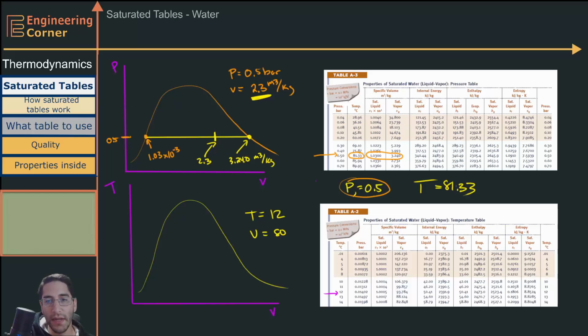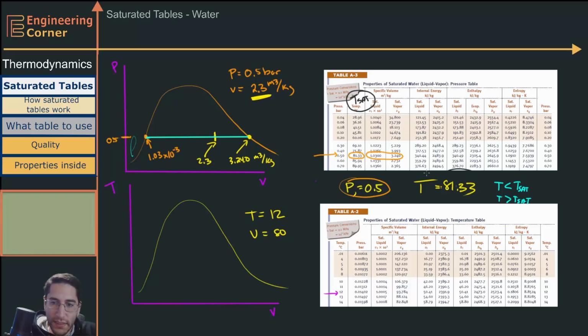That value is our saturation temperature. If our saturation temperature is equal to what we're given, then we know that temperature is on this line, so we are inside our mixture region. If our temperature is less than our saturation temperature, then we're in the compressed region. If it's greater than our saturation temperature, then we're in the superheated region.